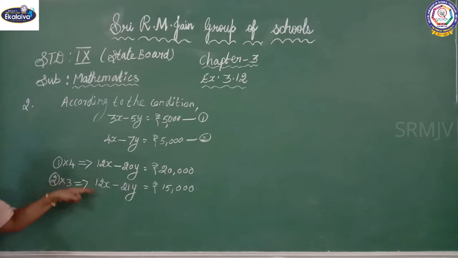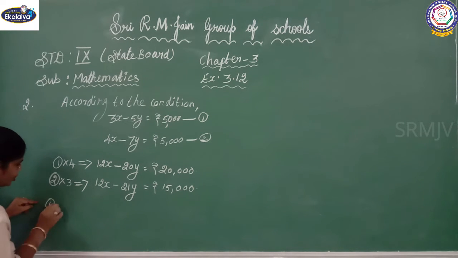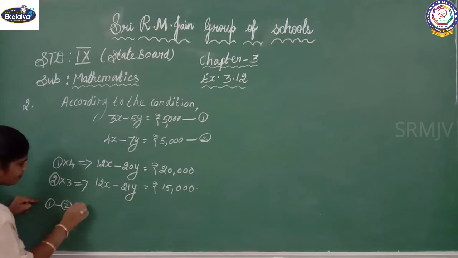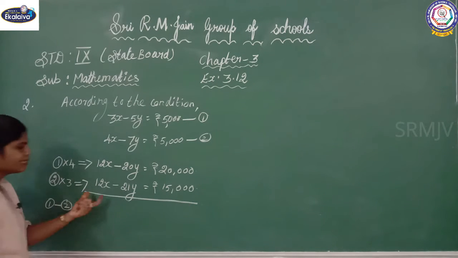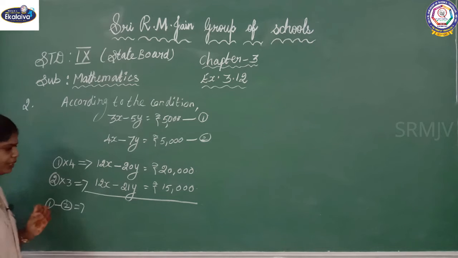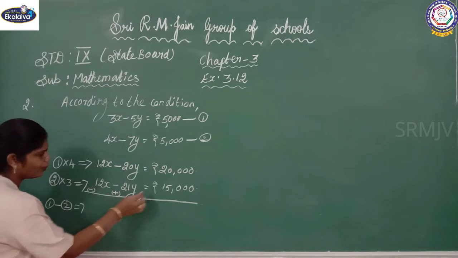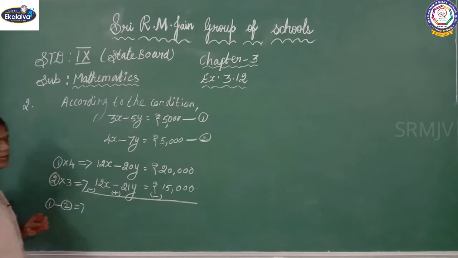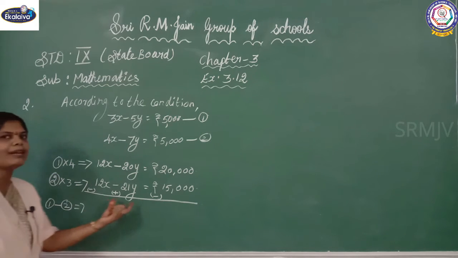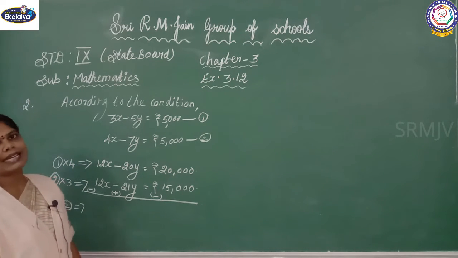See here, the coefficients are the same and the signs are also the same. So I am going to subtract: first equation minus second. Because we are subtracting, I change the signs of the second equation.